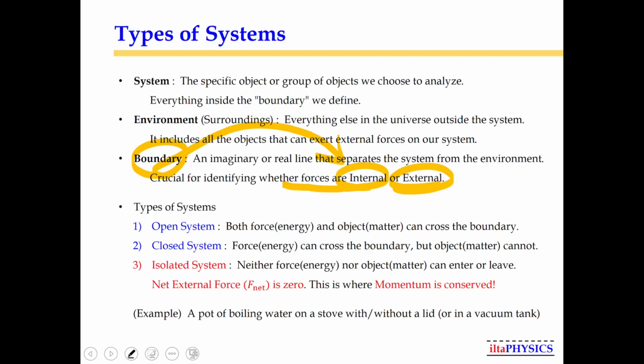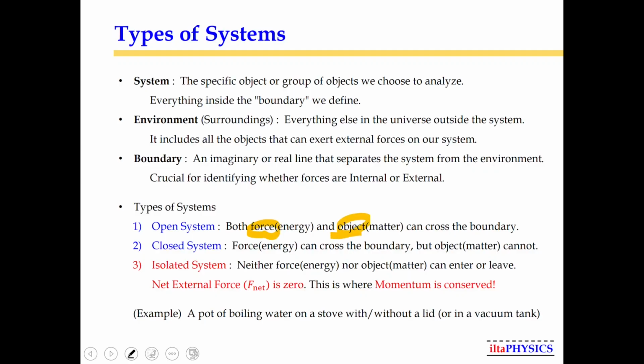These systems can be divided into open systems, closed systems, and isolated systems. To be more scientifically accurate, this distinction is usually explained in terms of energy and matter, but for now, we'll stick to explaining it simply using forces and objects.